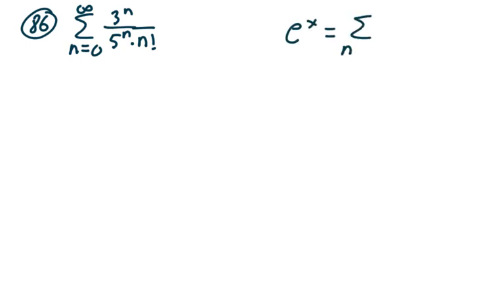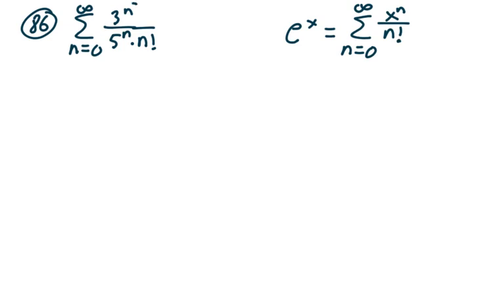On 86, we have the summation from n equals 0 to infinity of 3 to the n over 5 to the n times n factorial. Now, I think of e to the x because that's the summation from n equals 0 to infinity of x to the n over n factorial.